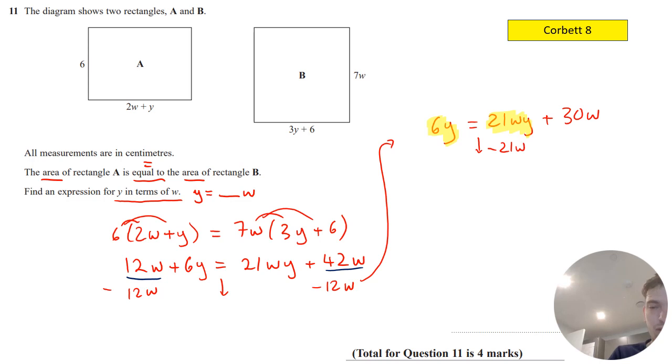So what this question is actually all about is rearranging equations. That is where most of the marks are here. Okay, now all the terms with a y are on one side. I'm going to factorize out the y.